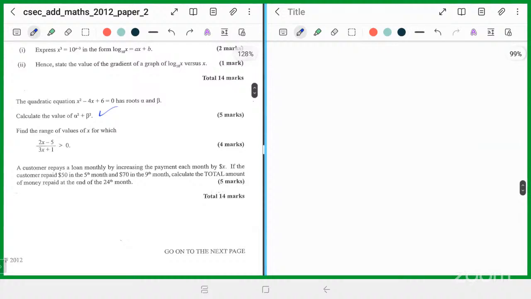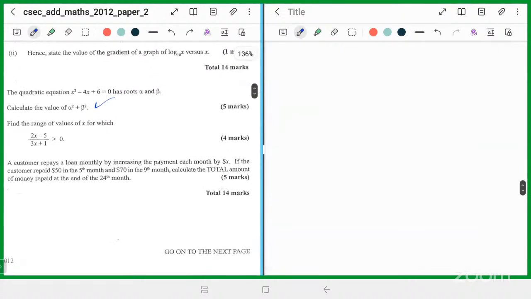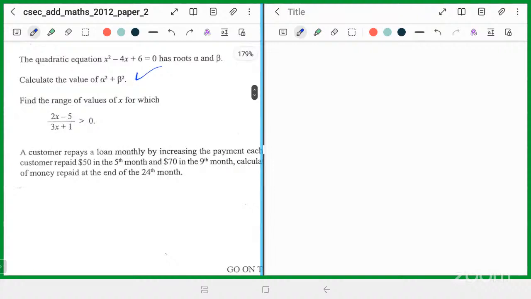AP GP. Let's see what it says. A customer repays a loan monthly by increasing the payment each month by x dollars. So that's an AP, increasing by a fixed amount. If the customer pays $50 in the fifth month, the fifth term, this is the fifth payment, it's $50.